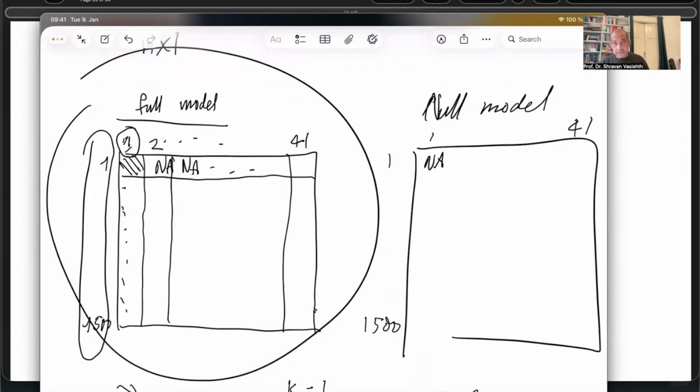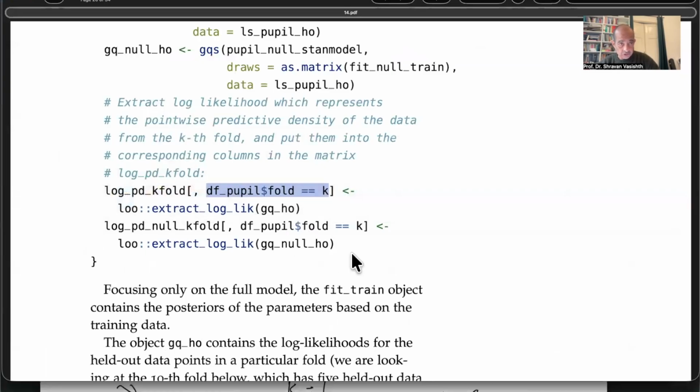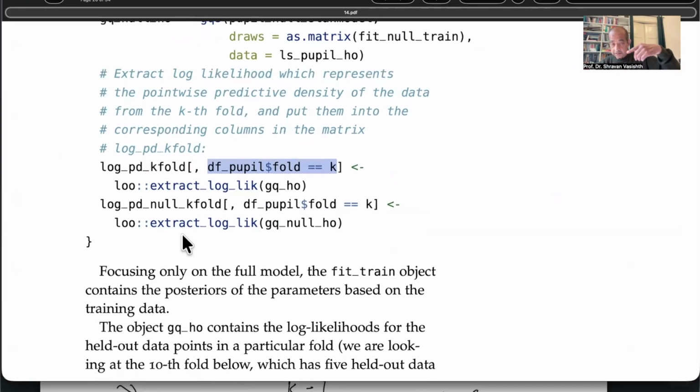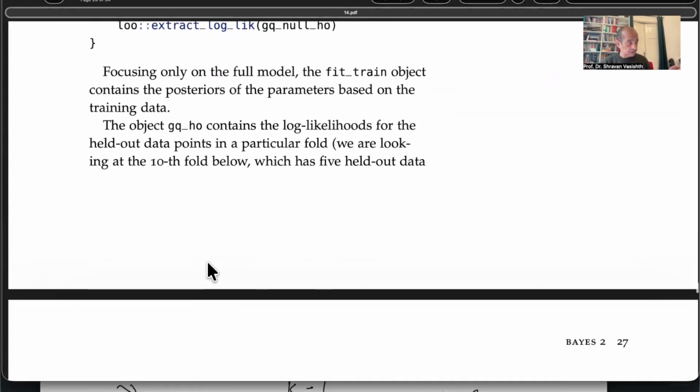Eventually this matrix, which I've just circled, will get filled in with the log likelihoods for every single data point that was held out. Do the same thing for the null model, and that's the end of the for loop. So what you end up with is a filled in matrix that contains all the log likelihoods for every single data point in the full and the null model. We're going to use those matrices now for doing the rest of the computation.